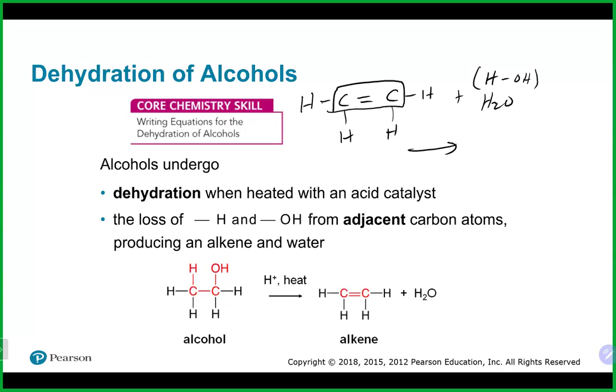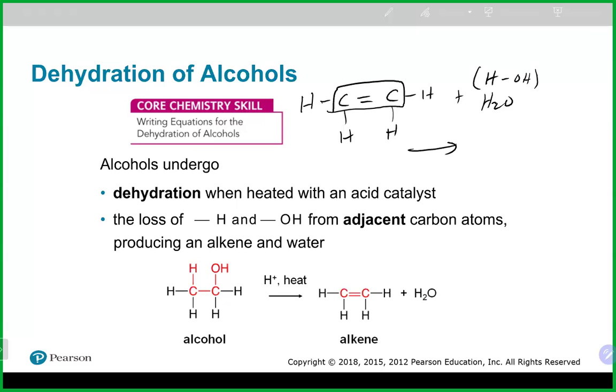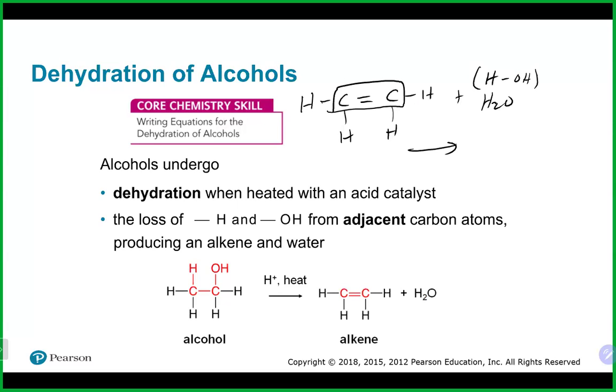And when it adds across the double bond, just like we talked about, you do need to make room for it. So basically, again, our double bond becomes a single bond. And we will get an alcohol that is made here, OH to one and H to the other. And that's how we form alcohols, through this addition reaction we talked about in the previous chapter of alkenes.